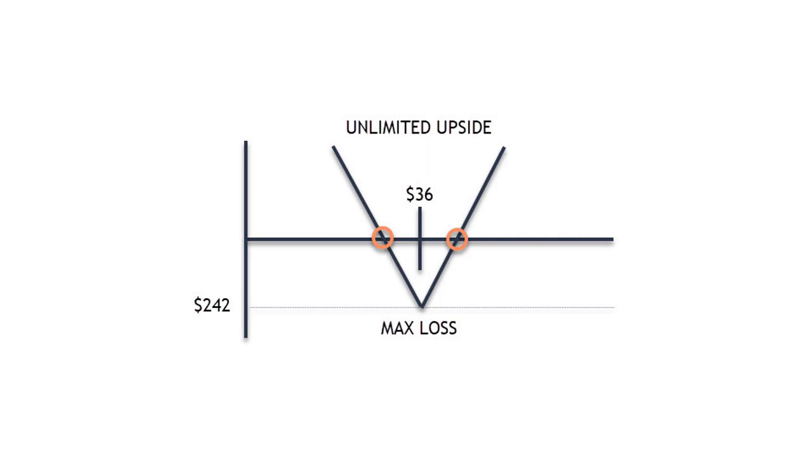Let's talk about break-even profit and loss. Our break-even price to the upside on this example is the strike price of $36 plus what we paid in premium, $1.36, so $37.36. The downside, strike price of $36 minus the premium paid, which was $1.06, is $34.94. Now, when you buy a long straddle, your risk is defined as in our example, and that would be $242.